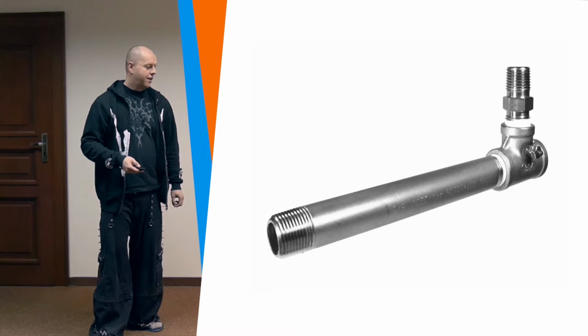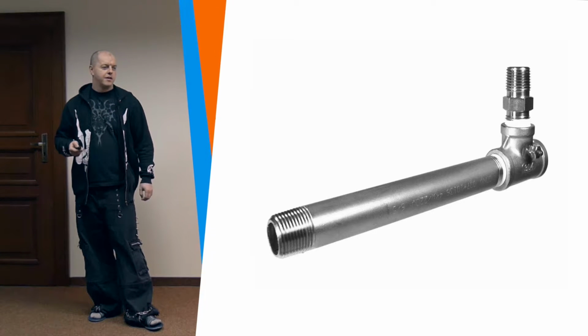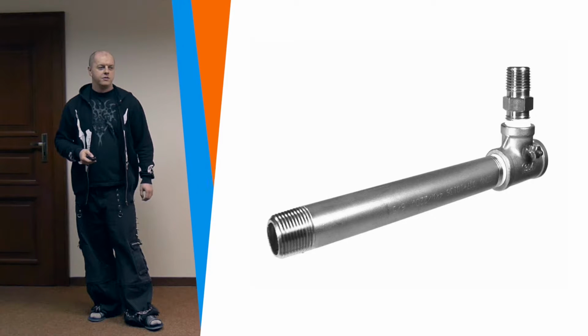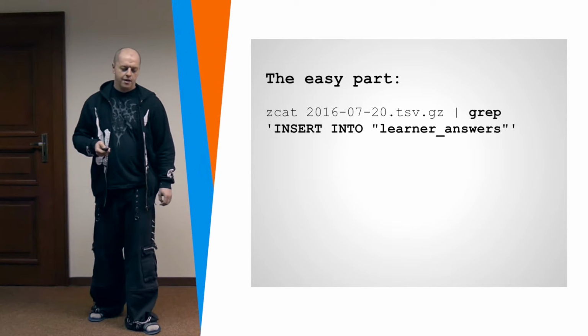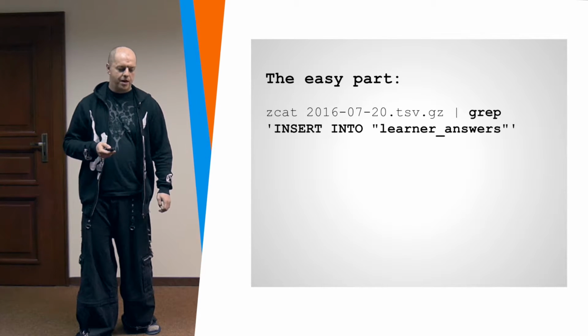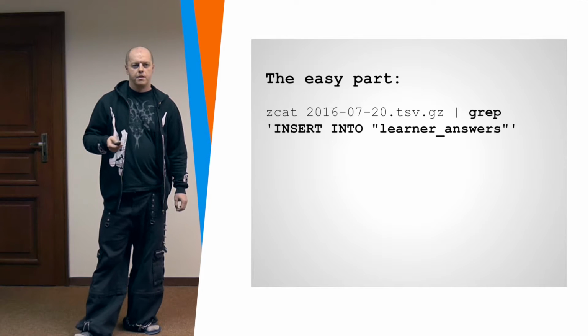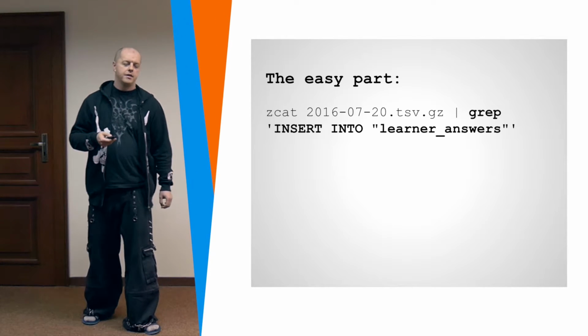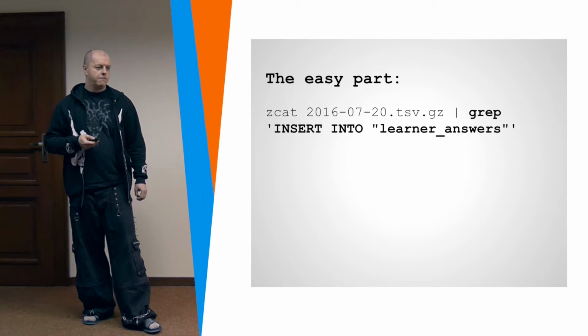Then we use the magic thing, which is called pipe. So this is where I'm talking about command line. Pipe is useful for chaining commands and operating on the I/O flow.